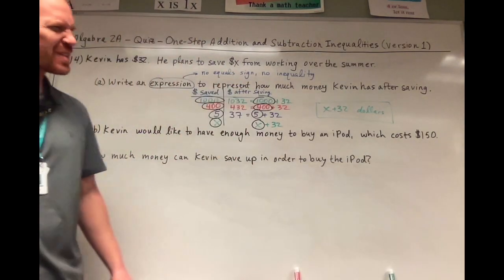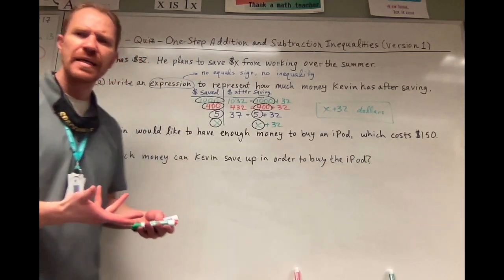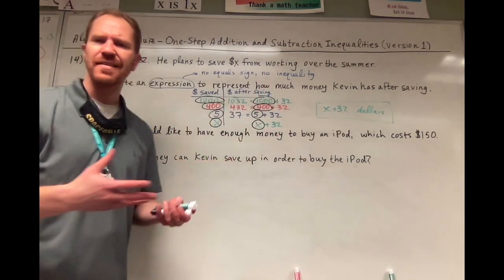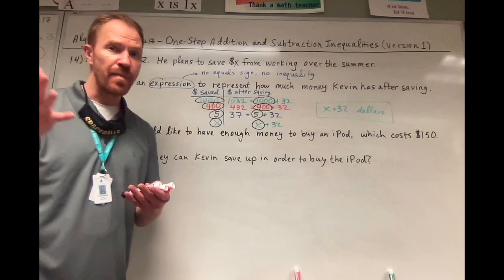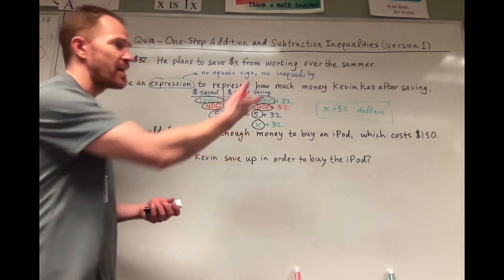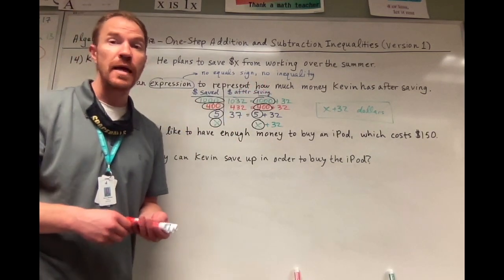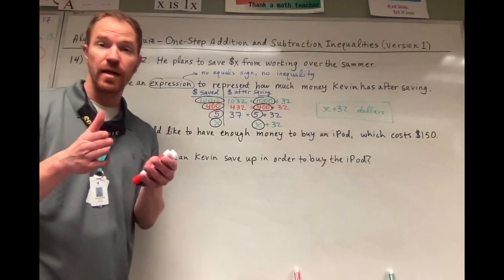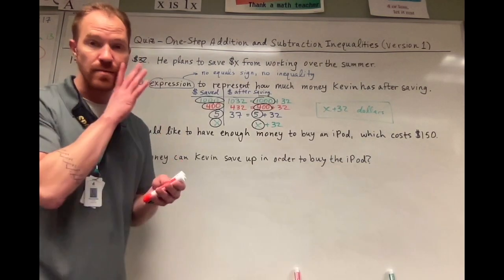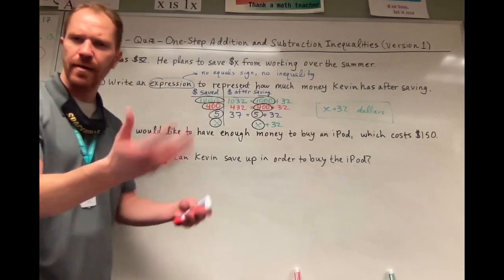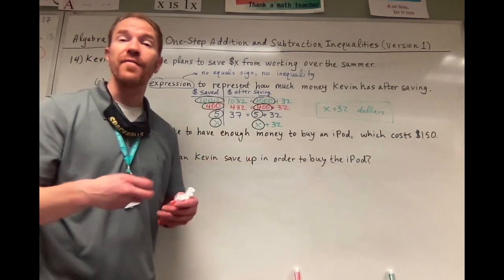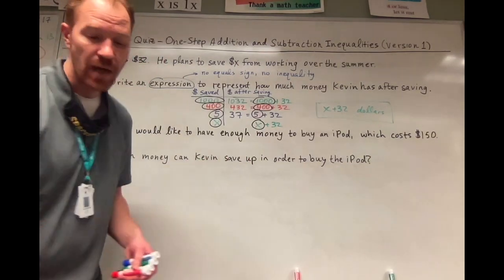Here there's not really a word that indicates an inequality. But if you think about the situation, if I'm going to buy an iPod for $150, it's okay for me to have exactly $150, if that's what the price is, after tax or if there is no tax. But it's also okay if I have more than $150.